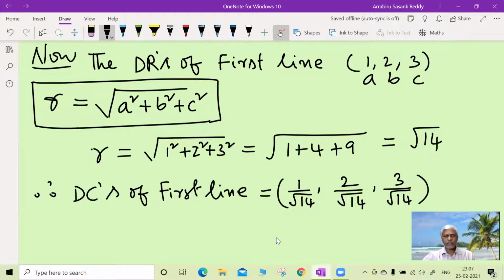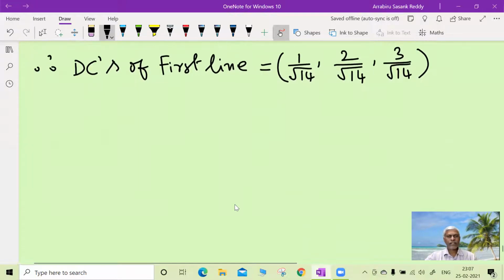This is how we find direction cosines: dividing direction ratios by the r value, root of a square plus b square plus c square. Similarly, we can write the direction cosines of the second line.